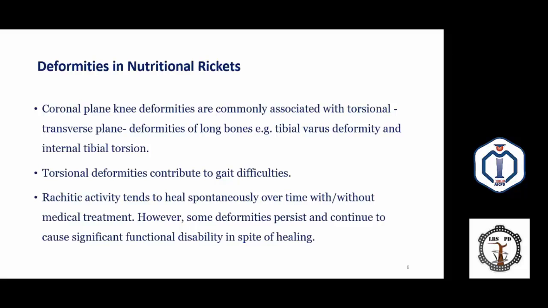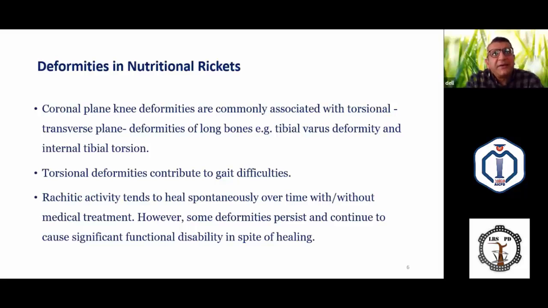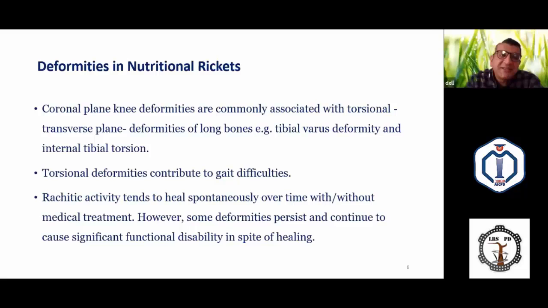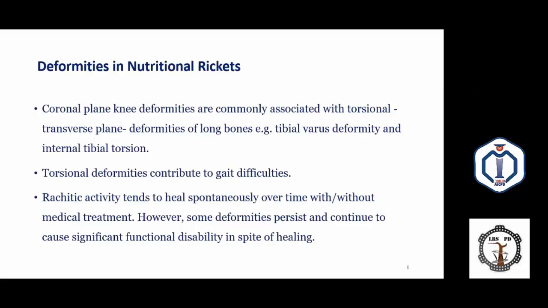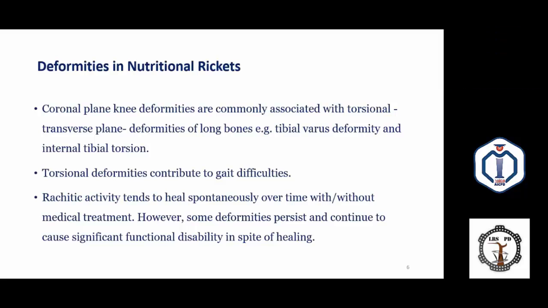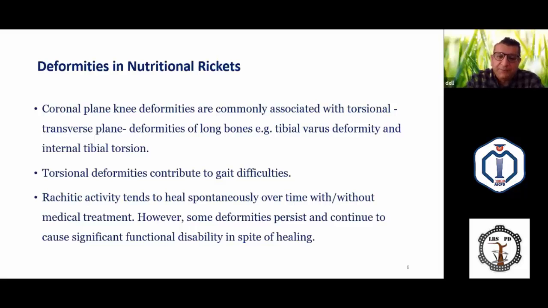What about deformities in nutritional rickets? What is their fate? What is the natural history of deformities of nutritional rickets? They tend to heal spontaneously, unlike resistant rickets, which have genetic etiologies. They tend to heal spontaneously, possibly with medical treatment or sometimes without medical treatment, by improving the lifestyle of the children.